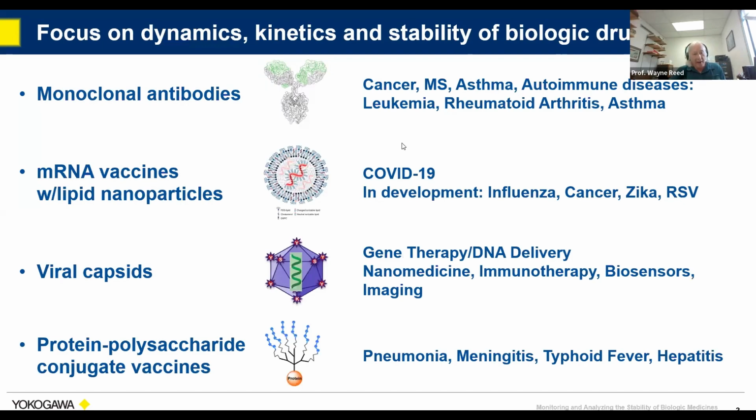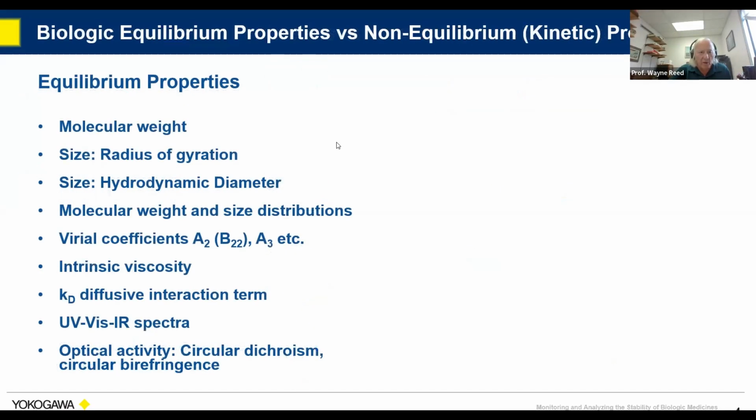Okay, mRNA vaccines, which were catapulted into the public eye during COVID. Viral capsids, which are one in an array of delivery vehicles in gene therapy. Protein polysaccharide conjugate vaccines are really an ingenious approach to vaccines. And then there are other biologics, but we'll show some of these as we go along.